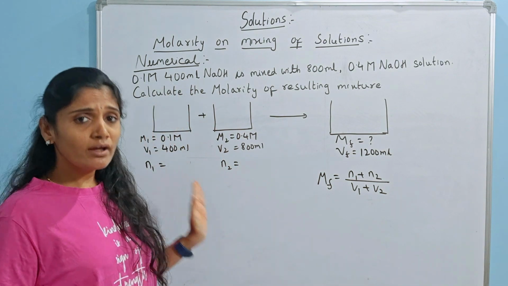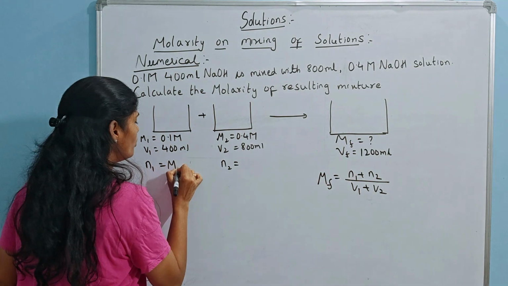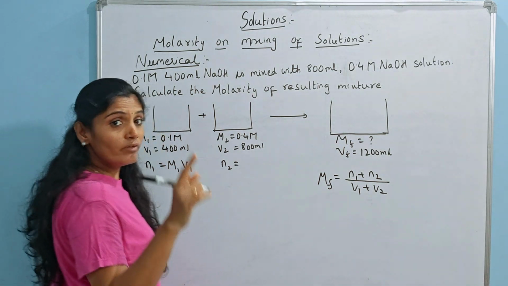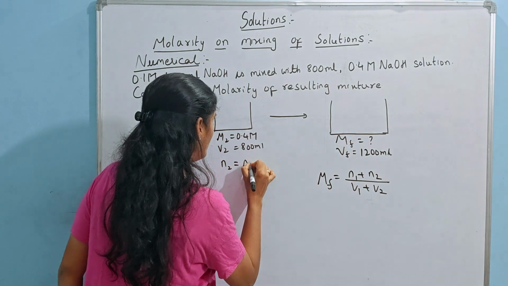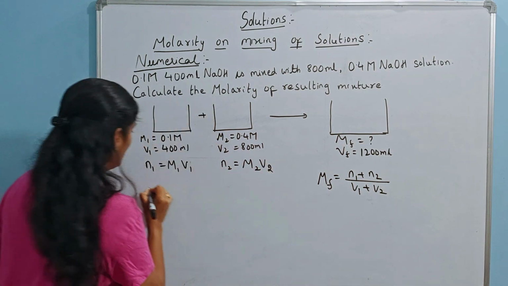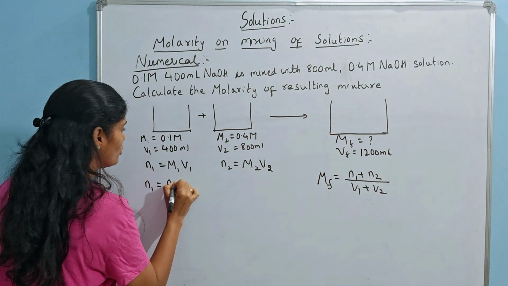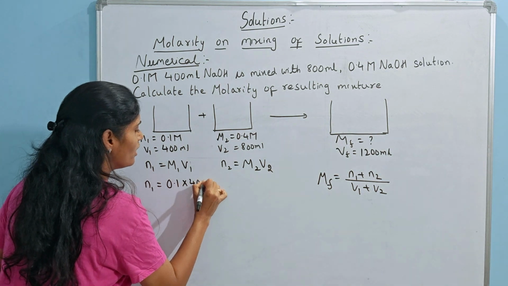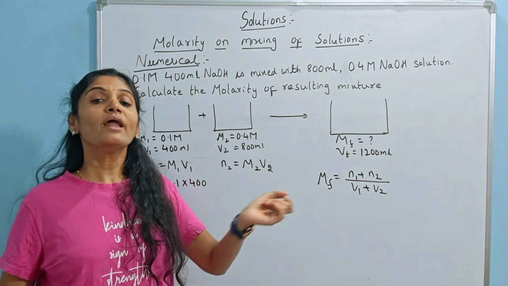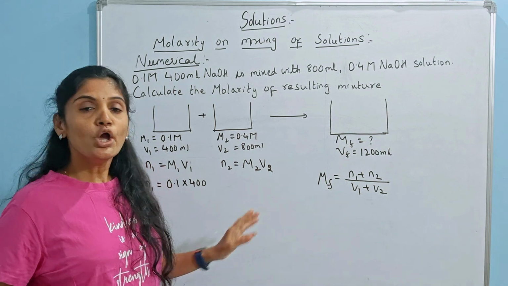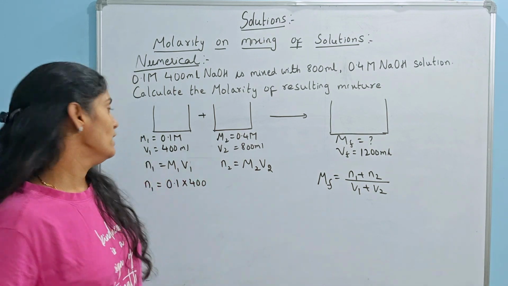Not directly given, but we can find out, right? N1 is equal to M1 V1, as I told you when I was deriving that formula. N2 is equal to M2 into V2. Now let us substitute. N1 is equal to 0.1 into 400. If you are taking volume in ml and doing the calculation, you will not get moles but you will get millimoles.